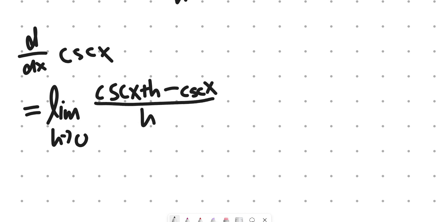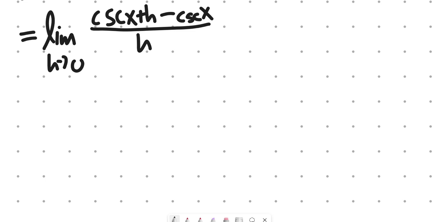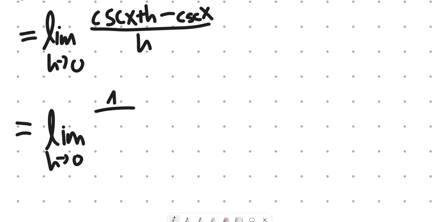Now what is cosecant? Cosecant is just 1 over sine x. So we're just going to plug in sine x into our limit so that we can deal with sines and not cosecants, which will make it easier for us. So we'll have 1 over sine of x plus h minus 1 over sine x, all over h.